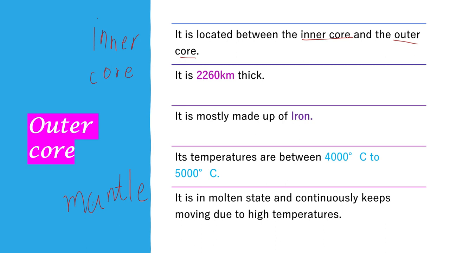Its temperatures are between 4,000 degrees Celsius to 5,000 degrees Celsius, and it is more in a molten state because it moves continuously due to high temperatures. And it's liquid. You may ask that over here also there would be heat and pressure. Why isn't it solid like the inner core? Because over here heat wins. Heat is more over here.